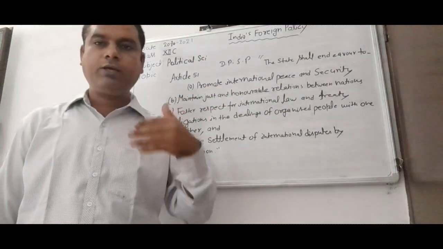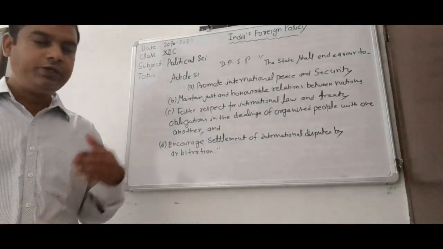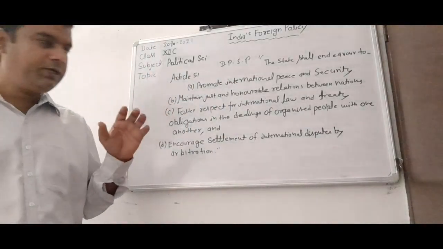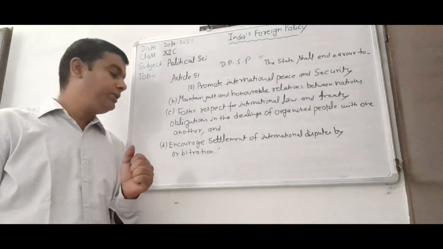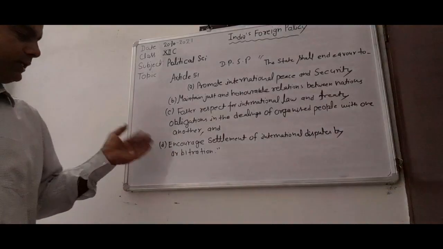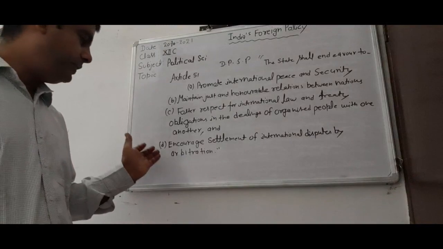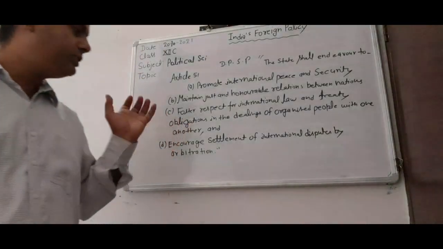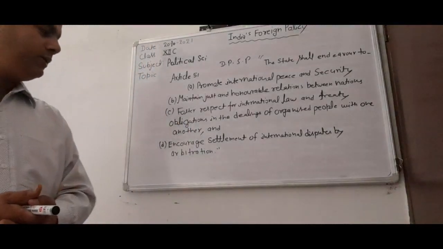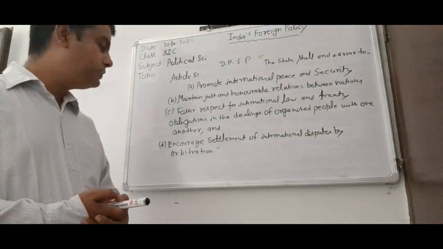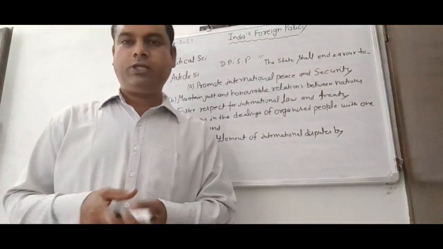जो international law and treaty है उसका हमें respect करना चाहिए, and obligation का पालन होना चाहिए in the dealing of the organized people with one another. एक तरह के लोगों को दूसरे तरह के लोगों के साथ व्यवहार करने में जो इंटरनेशनल लॉ है उनका रेस्पेक्ट करना चाहिए, और अंतर्राष्ट्रीय जो ट्रीटीज़ हैं उनका हमें पालन करना चाहिए. Plus the next thing is encourage the settlement of international disputes by arbitration. मीन्स जो इंटरनेशनल डिस्प्यूट्स हैं उनको बातचीत के द्वारा सॉल्व करने की कोशिश करनी चाहिए.